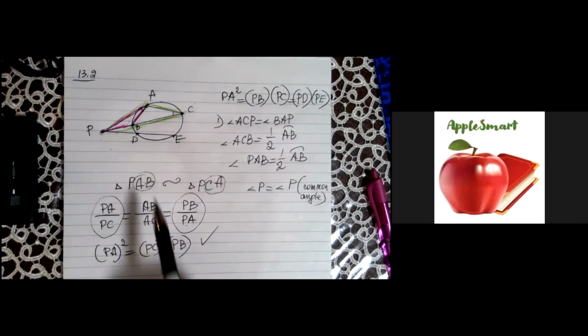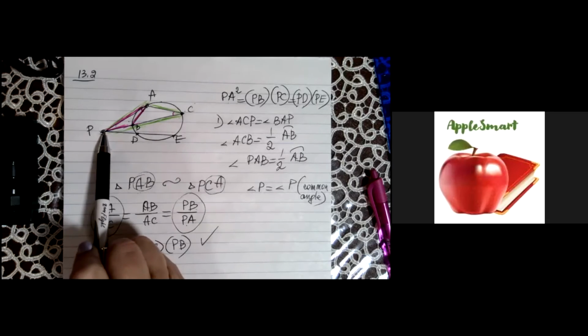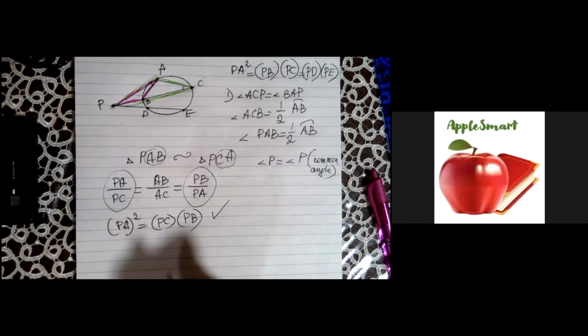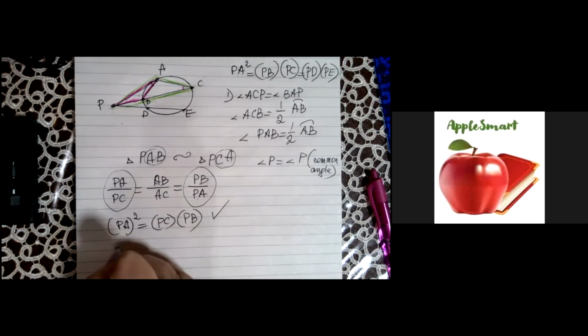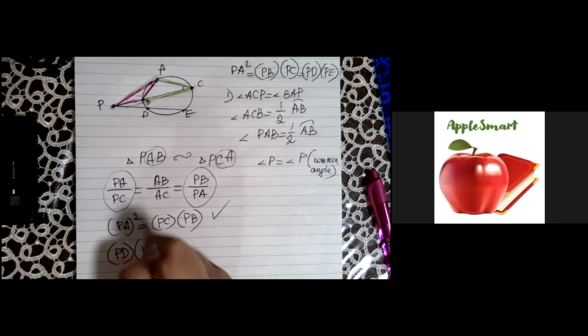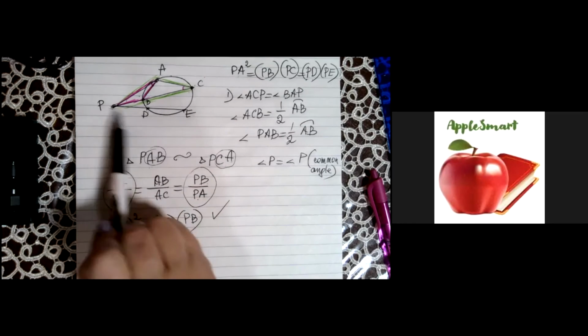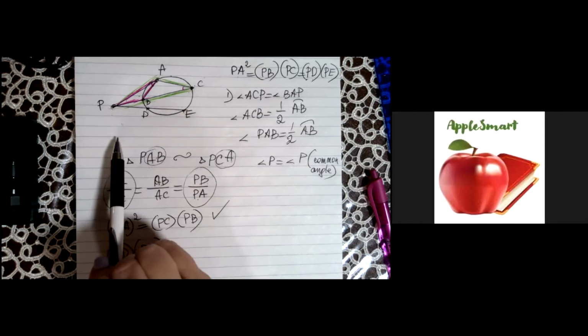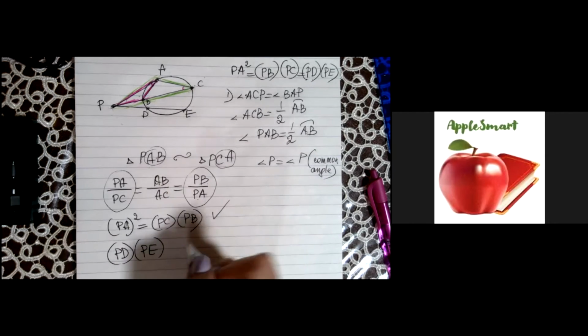If we do the same thing with another side, we'll prove that PD times PE will be equal to PA squared.